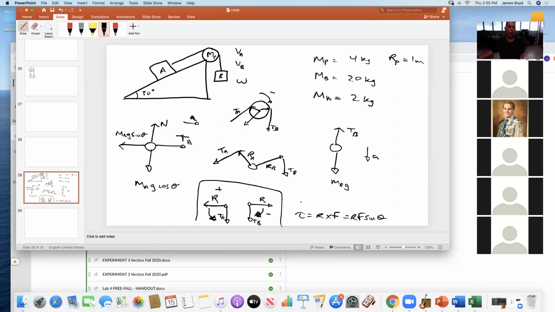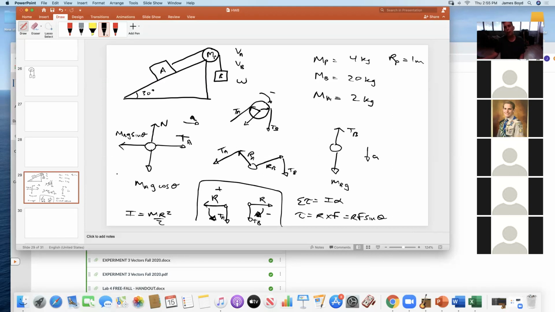And remember that the sum of the torques is equal to I alpha, and that I for a disk is mr squared over 2. But all you have to write here is this. If there were 7 or 8 torques on here, you would write each tension and their radius and figure out, are they positive, are they negative?